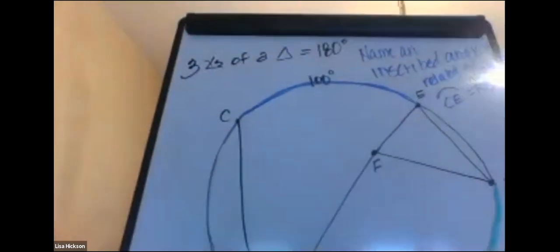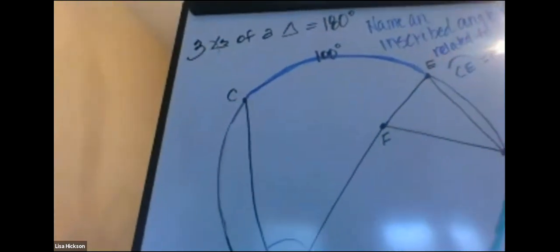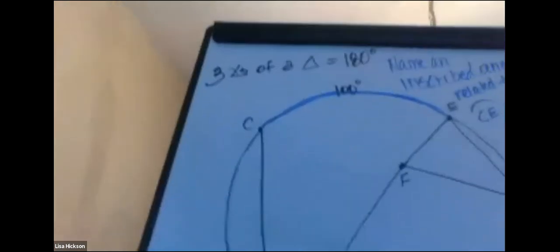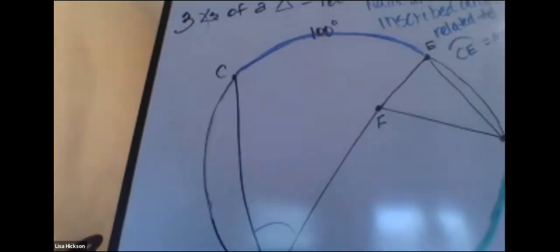I brought you to the water, I can't make you drink it. Is this angle going to be the same measure or half the measure of the arc? That's the question on the floor.